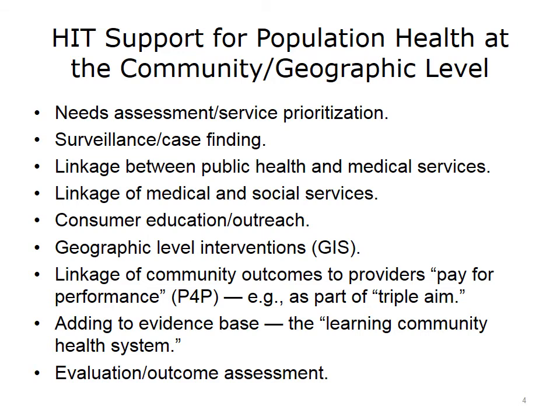There are many examples of HIT-supported activities that can be used for population health improvement at the community or geographic level. The first is needs assessment, or prioritization of care for those individuals with the highest need. A risk pyramid would be an example of that.